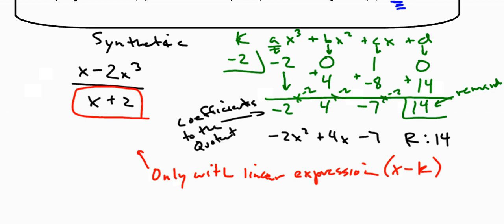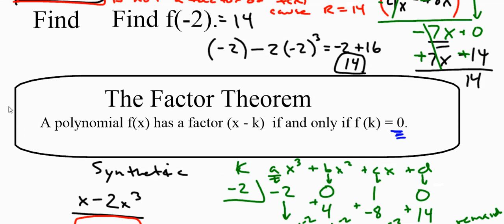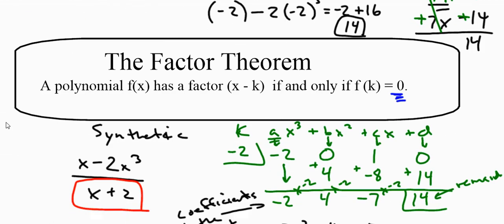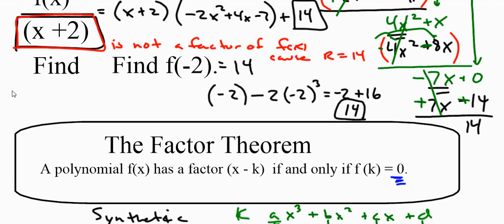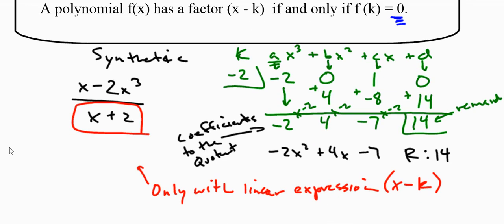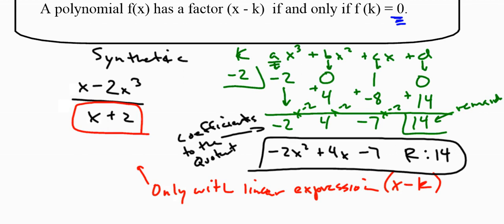If you look up here and compare with the results we had in the previous one, you realize we have the same answer. We have a quotient, we have a remainder, and that's how you can use it. I'm going to stop right here, and we're going to continue on to talk more about how we can identify factors using synthetic division and long division in future videos.